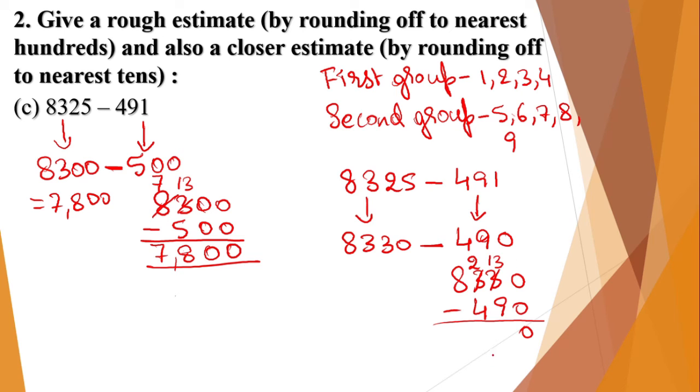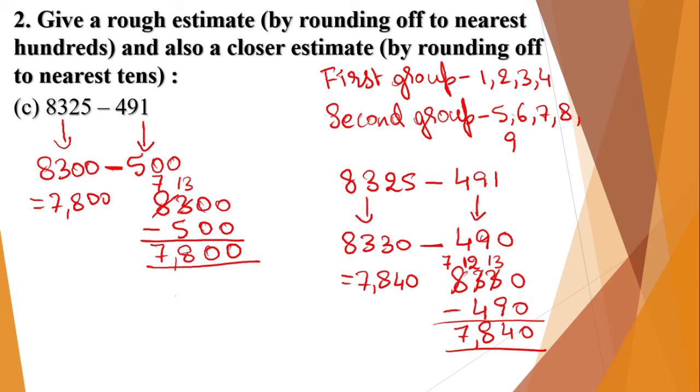And 13 minus 9 is 4, and 2 minus 4 is not possible. So it will become 7, and 2 will become 12. And 12 minus 4 is 8, and 7 will come as it is. So we will get our answer as 7840. Now this is the estimation for nearest tens.